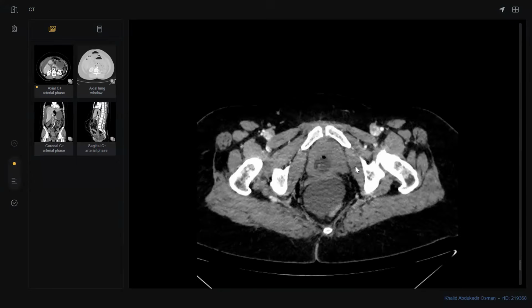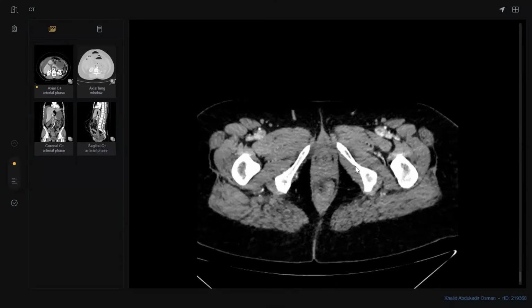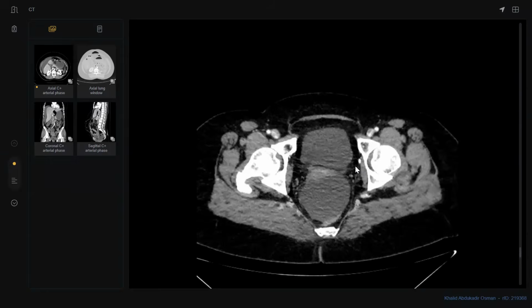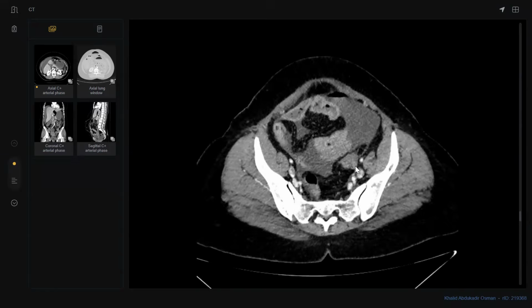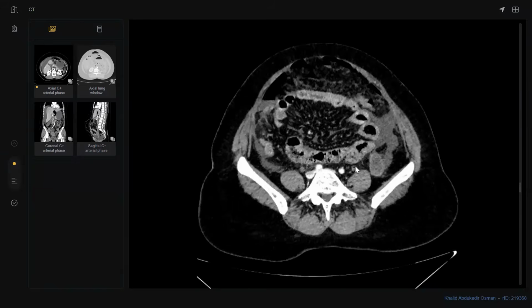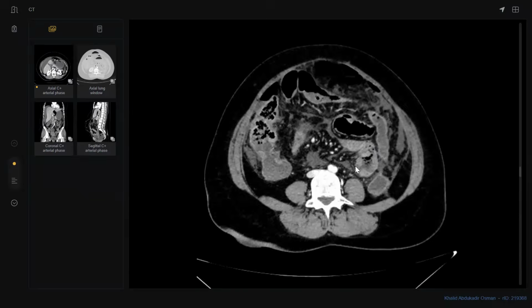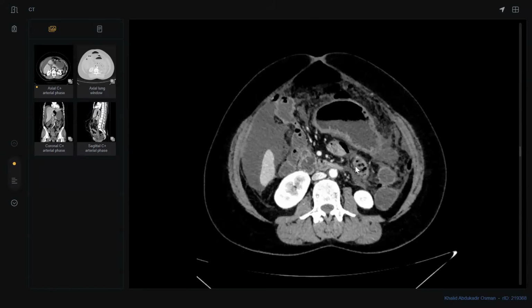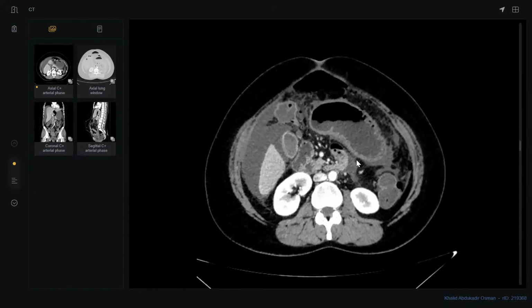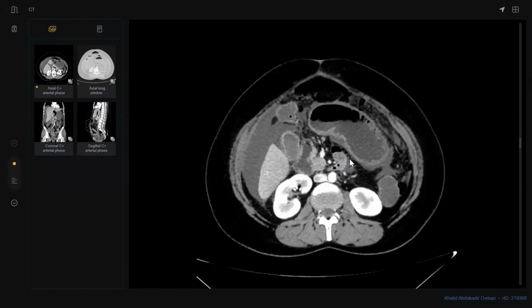Okay, so there's also free fluid, intra-abdominal fluid extending all over the abdomen. I'm just going to go up to the upper cuts, since I did notice there was fat stranding and congestion, mainly at the upper cuts of the abdomen.